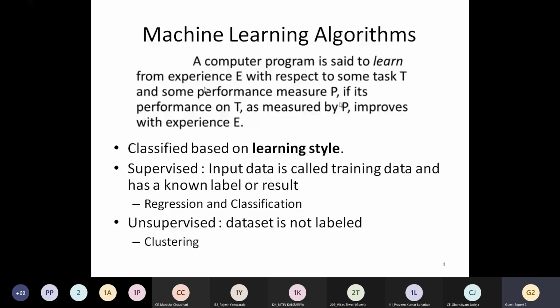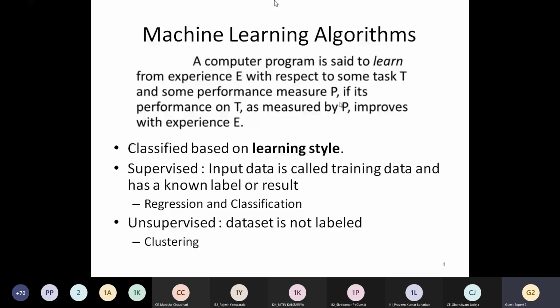While learning from the experience, to measure whether I am learning correctly or not, a performance measure is required. I have to train my program from the data set in such a way that performance is improved. If performance is degraded, then I have to take some step so that the performance of my learning algorithm is improved.